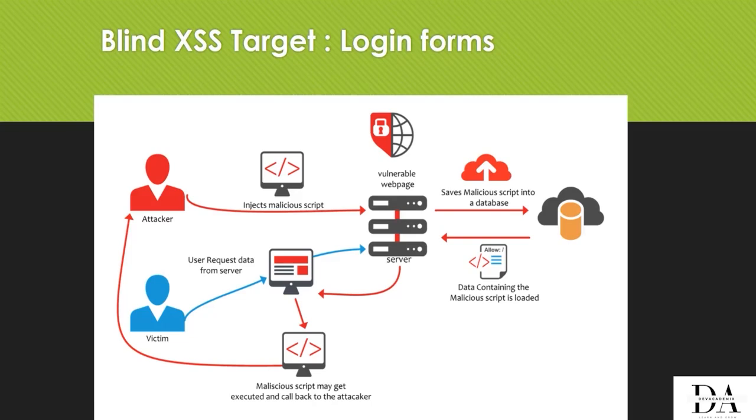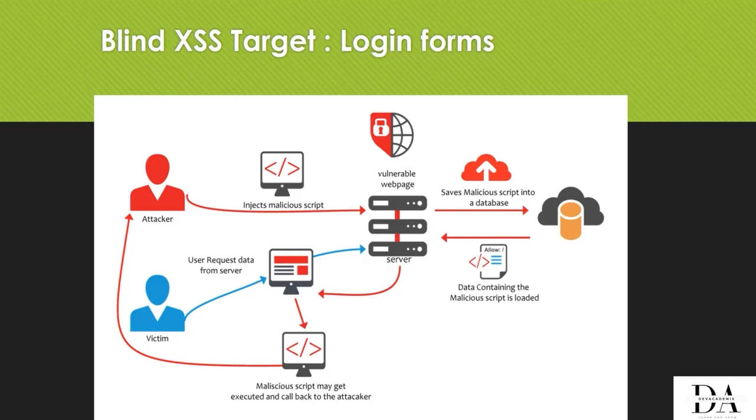Login forms usually take the input username string and save it to a log file which can be viewed later. Hence, a failed login with a malicious script entered in the username field of the login form will cause the server to save an entry into the log file, which will have a malicious script as the username.